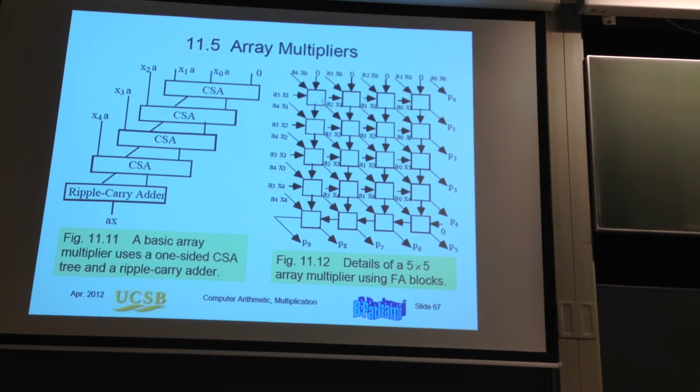Now, each cell here, it's essentially a full adder and a gate, which is creating the partial product, the dot for that line. Now, you see that while I'm compressing the numbers, I'm producing for output some bits of the product, which we know in a normal tree that we do. And after this is done, we have a ripple carry adder which is generating the rest of the bits.